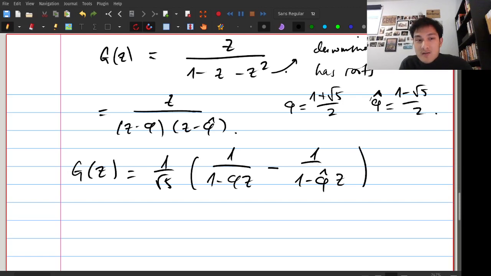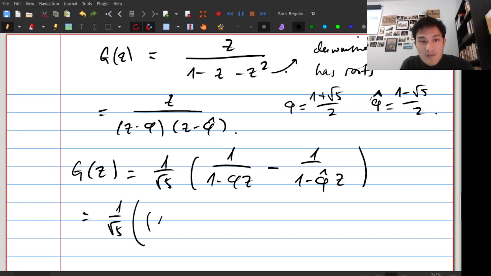Remember, we started with a power series whose coefficients were the Fibonacci numbers. So we've got to figure out what the coefficients of this are. That's not so bad because you know from a calculus class that 1 over 1 minus phi z is an infinite power series: 1 plus phi z plus phi squared z squared plus phi cubed z cubed, and so on.